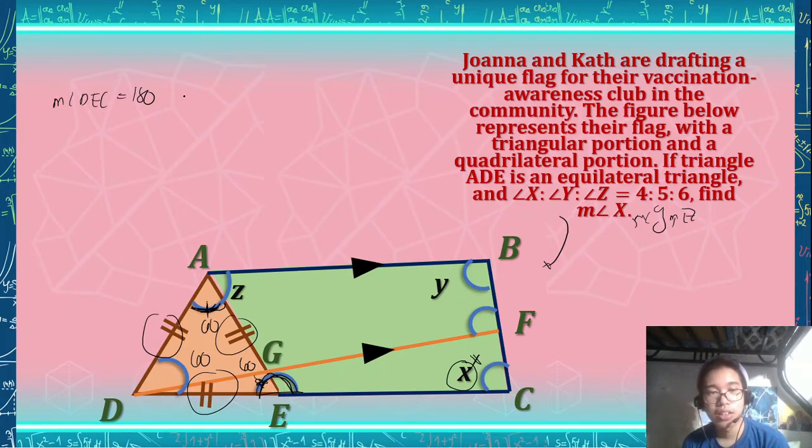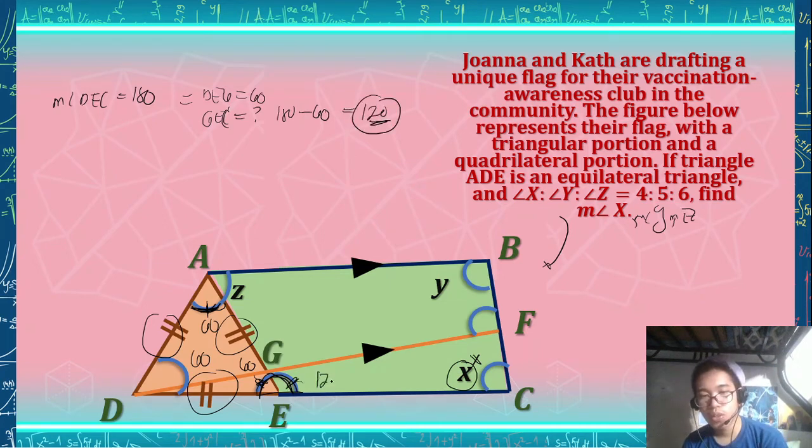That's angle DEG, which equals 60, and angle GEC, which we do not know. How can we find the measurement of angle GEC, guys? That's just going to be 180 minus 60. And what's 180 minus 60? That's just 120 degrees. So therefore, this angle is 120 degrees.